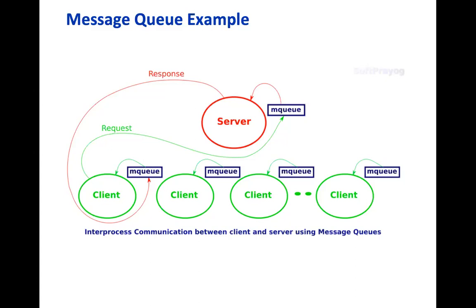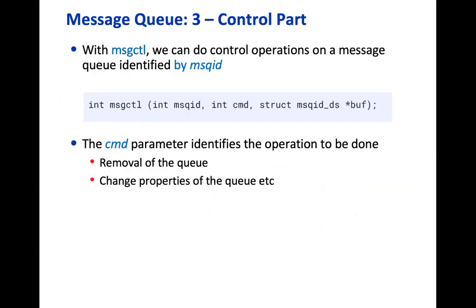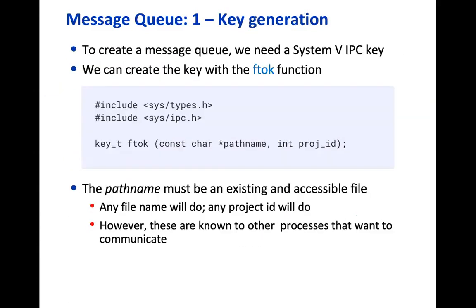I have two questions. Sir, one is that if we are generating a QID, and we pass the path to a file and a project ID, and any process uses the same path and project ID, will the generated QID be the same every time?